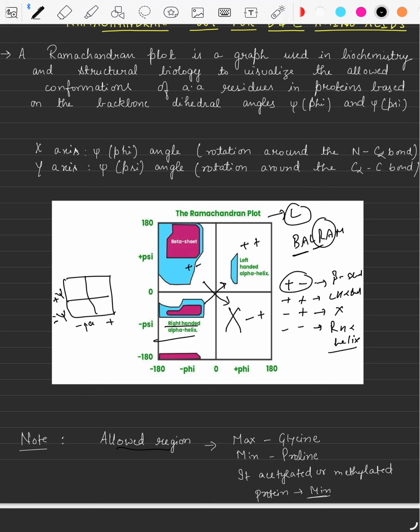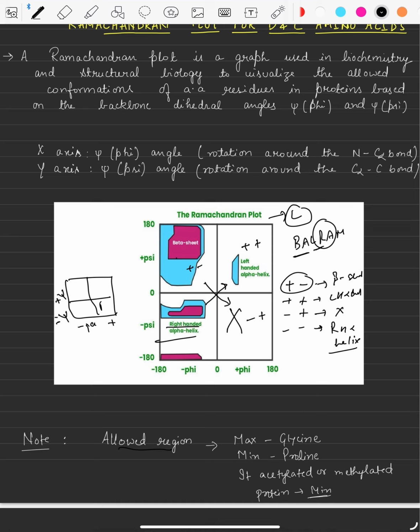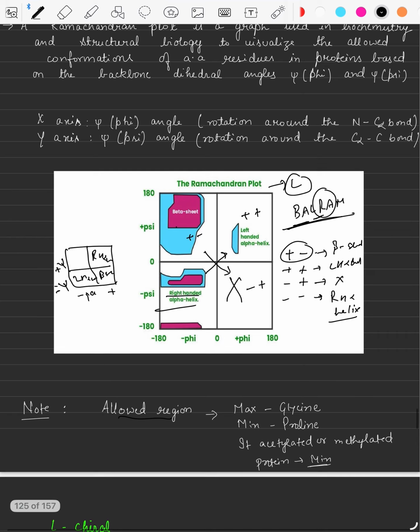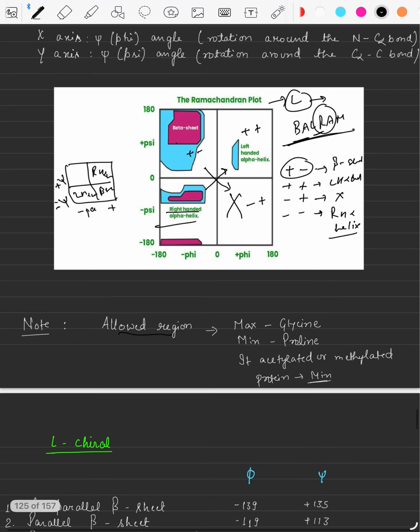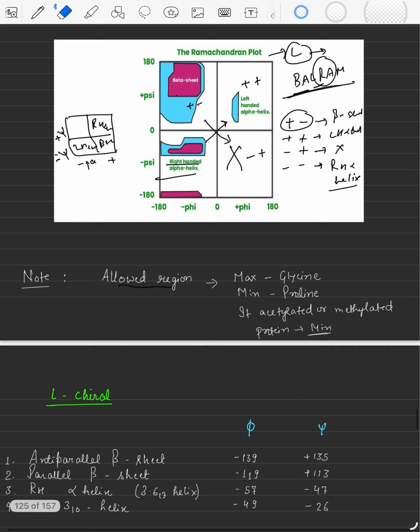The beta sheet, which for the L was here, will come here, and the right-handed alpha helix will go there, and the left-handed alpha helix will come here. So with this Balram you can remember. If you remember it for the L, you can make the D by your own by doing some transformation. You can surely solve your questions on the basis of this mnemonic.